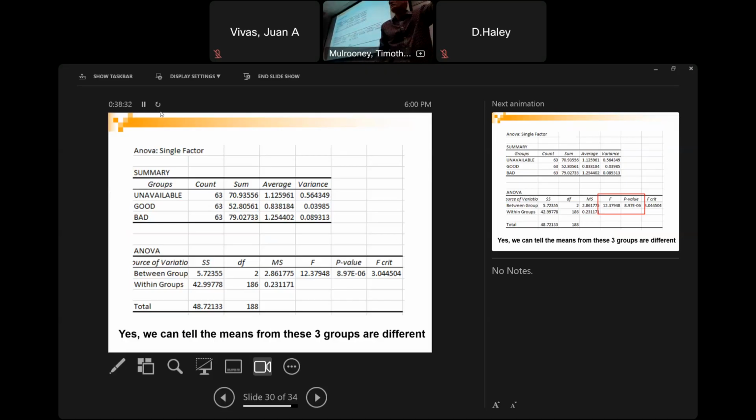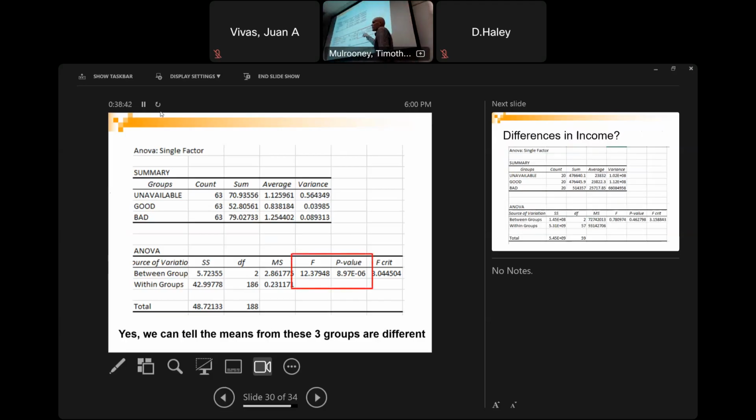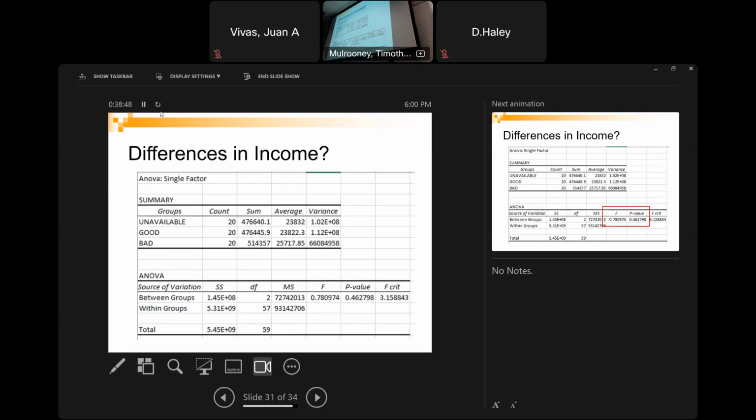I can run my own independent two-tailed t-test against those. I've seen those done before, but I typically don't run those. I think they're called paired two-tailed t-tests. I'm pretty sure paired two-tailed t-tests. And so we can look at things like, is there a difference in income between your unavailable, your good, and your bad?